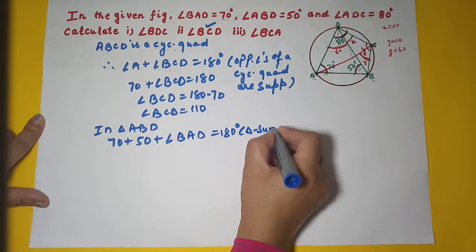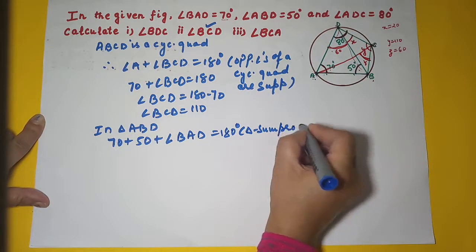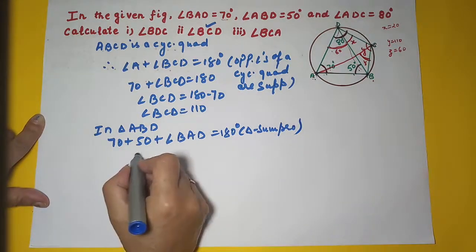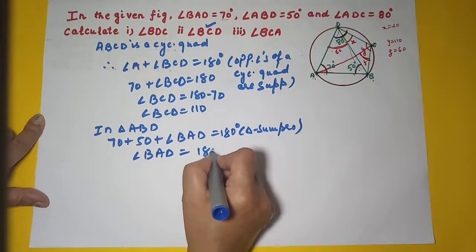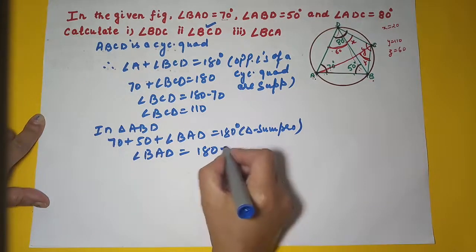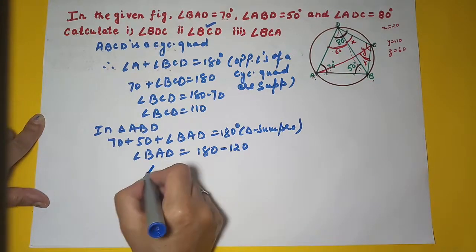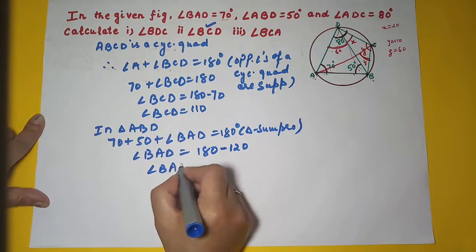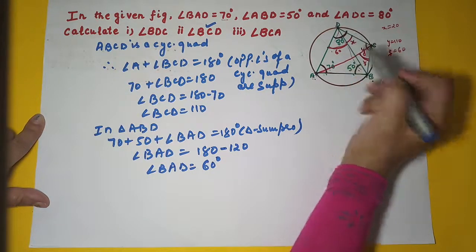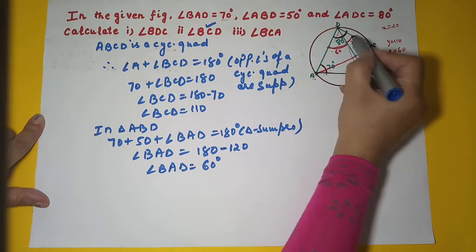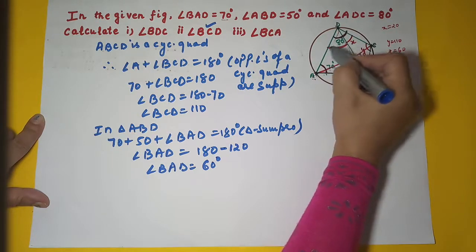Triangle sum property. So angle BAD is equal to 180 minus, 70 plus 50 is 120. So we will shift it here. So we got angle BAD as 60 degrees. We got this angle as 60 degrees.